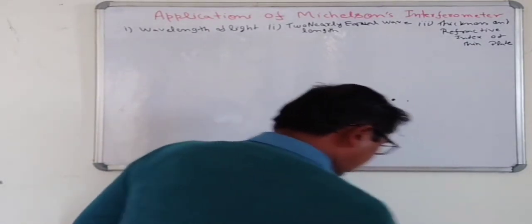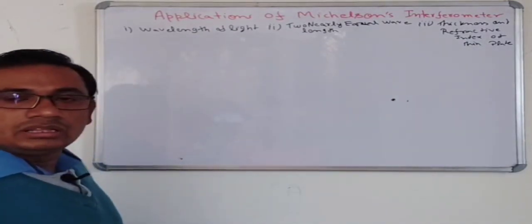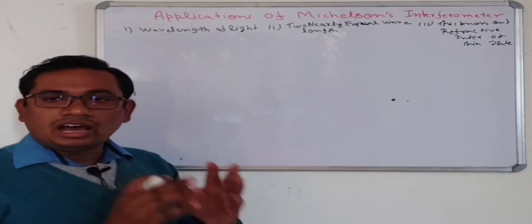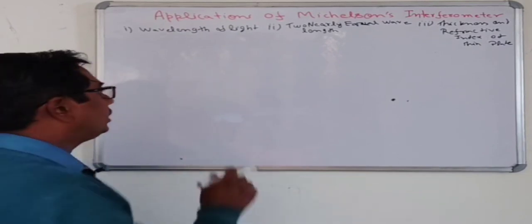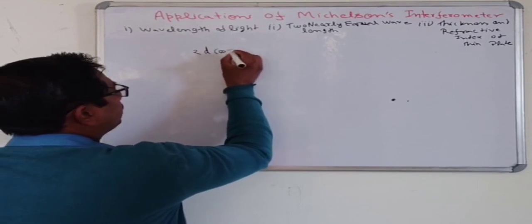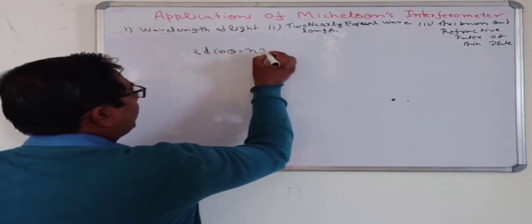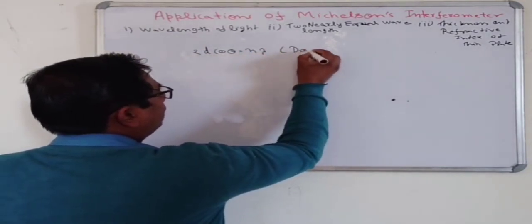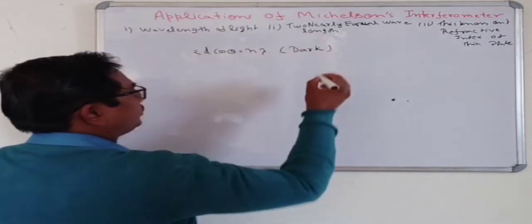All of you know very well the condition for dark fringe in a Michelson interferometer. You know that 2d cos theta is equal to n lambda is the condition for dark fringe.